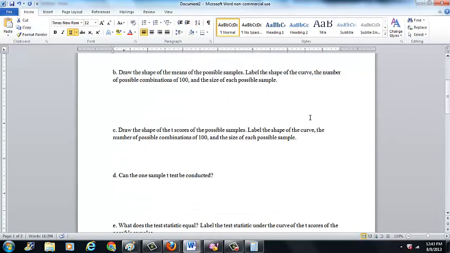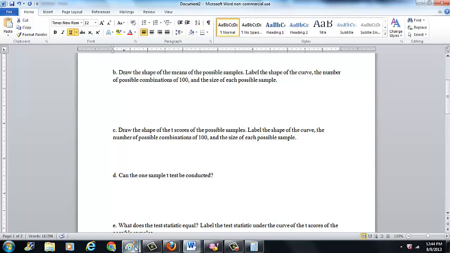Part C says, draw the shape of the t-scores of the possible samples. Label the shape of the curve, the number of possible combinations, and the size of each sample. Part C is the same as it was before.